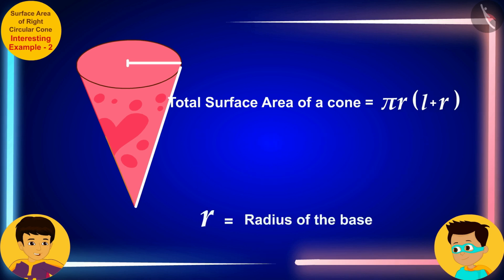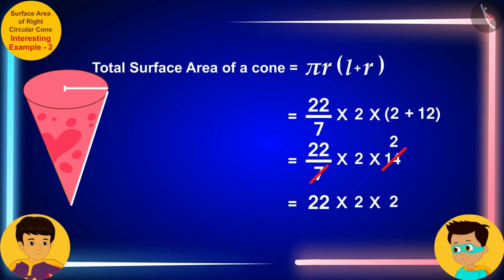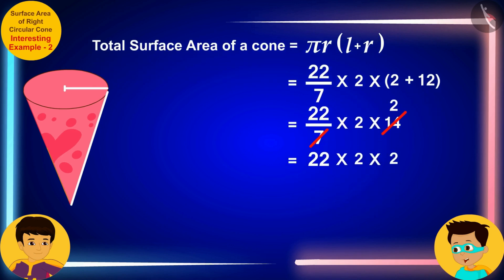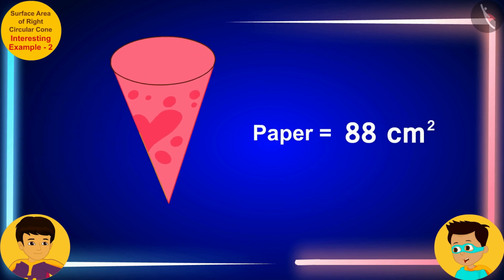Let me solve this by writing these measures here instead of r and l respectively. Look, Manas, the cone has a total surface area of 88 square centimeters. This means 88 square centimeters of paper has been used to cover the ice cream completely.